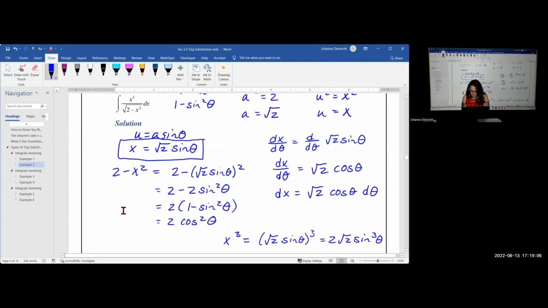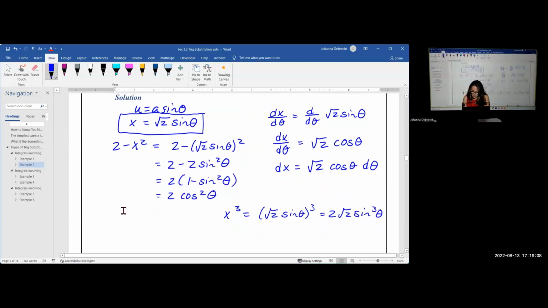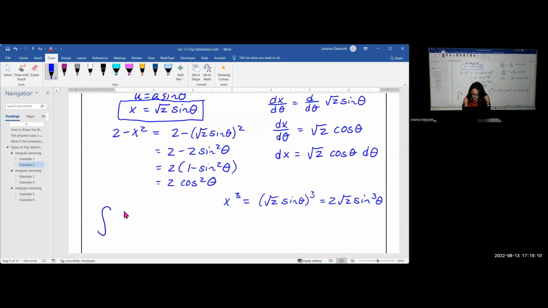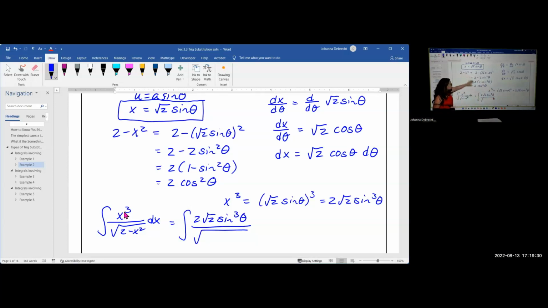So our original integral was x cubed over the square root of 2 minus x squared dx. And then we're going to replace the x cubed with 2 square roots of 2 sine cubed of theta. Under the radical, I'm going to replace the 2 minus x squared with 2 cosine squared of theta.